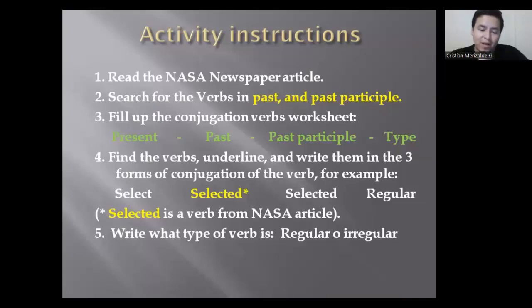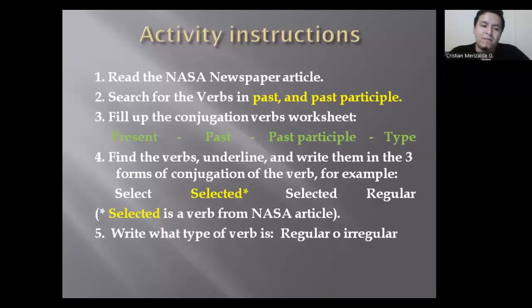For example, regular verbs are verbs where you only add an ed at the end of the word. But in irregular verbs, in the past participle, you have a different form of the verb. Remember that. So in this article, you must find, as the activity said, these verbs and also write them.